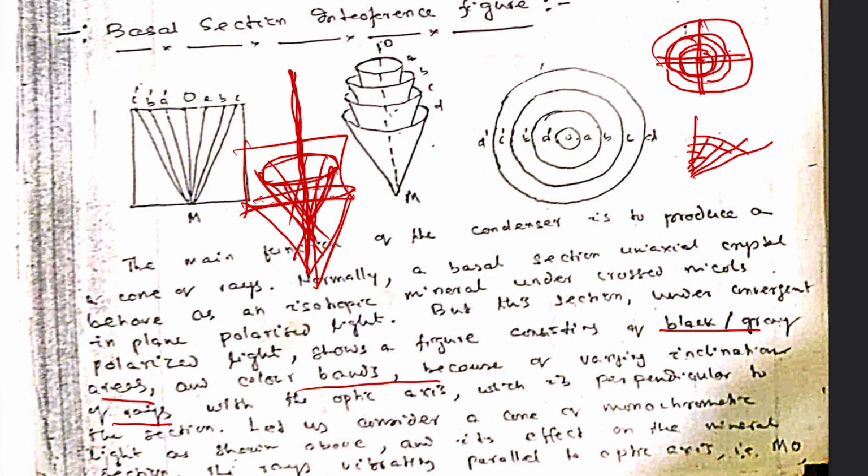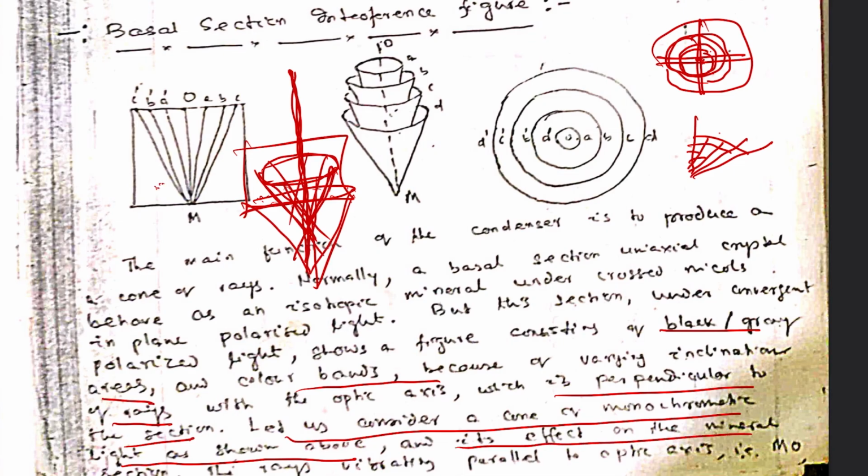So the optic axis is perpendicular to the section and these rays are oblique to it. Let us consider a cone of monochromatic light as shown above. This is a cone of monochromatic light and its effect on the mineral section.